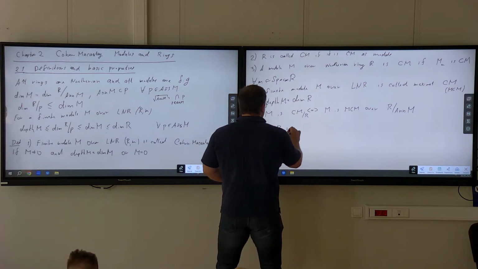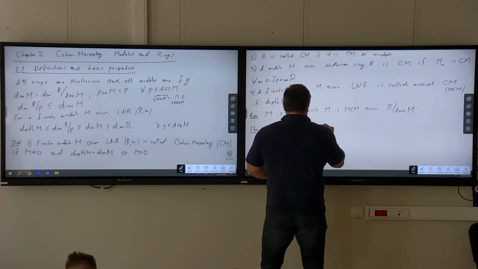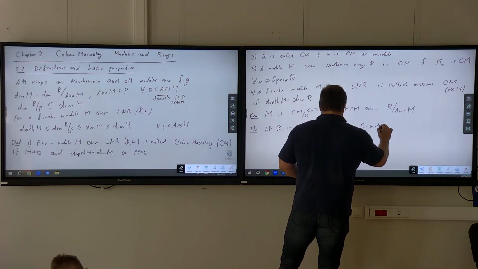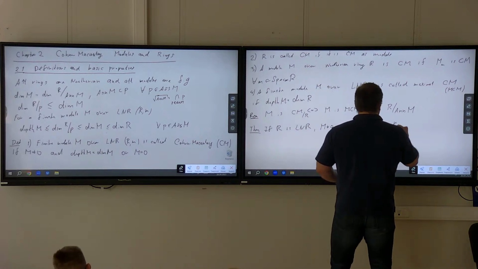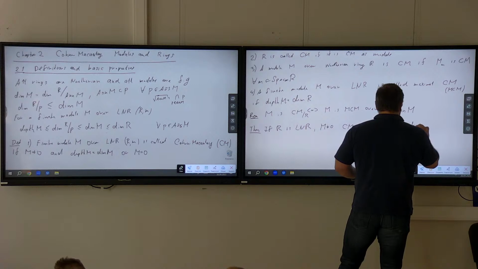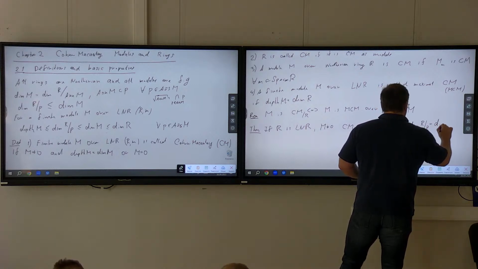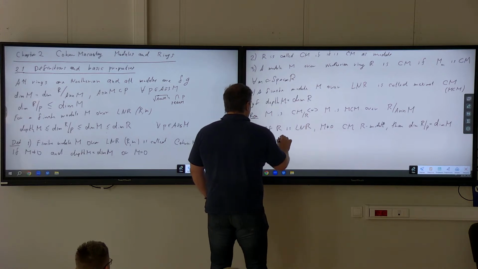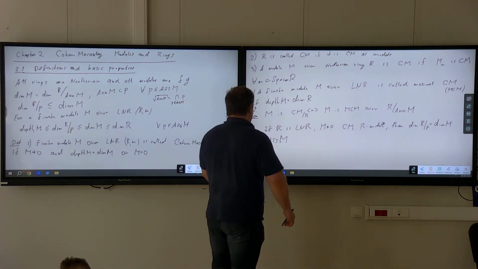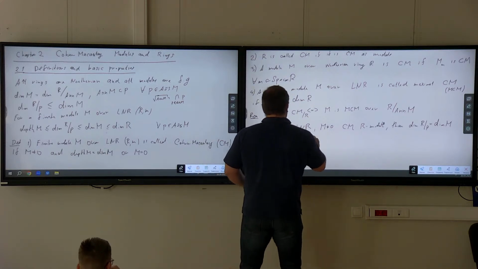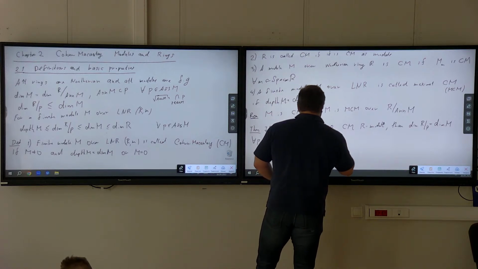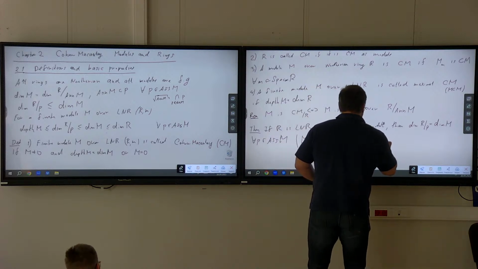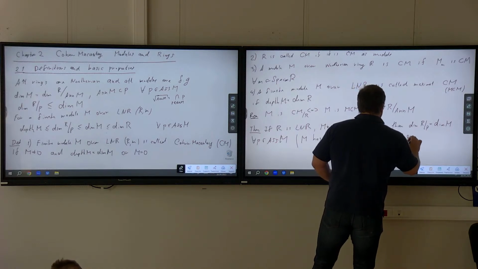If R is a local Noetherian ring and M a non-zero Cohen-Macaulay R module, then the dimension of R modulo P is equal to the dimension of M for any P associated to M. So in other words, M has no embedded associated primes.